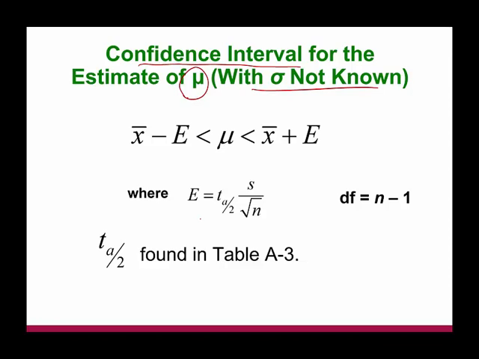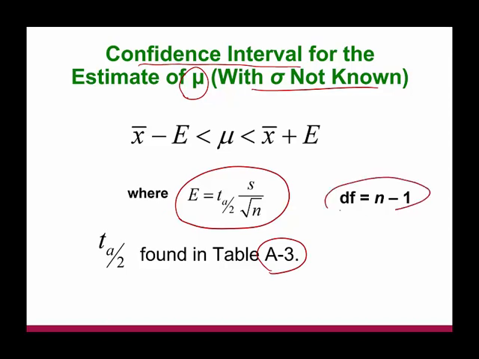First of all, find the margin error using the formula: critical t-score times sample standard deviation over the square root of the sample size. You find the critical t-score in table A3, which I'm going to show you. Degree of freedom equals n minus 1.